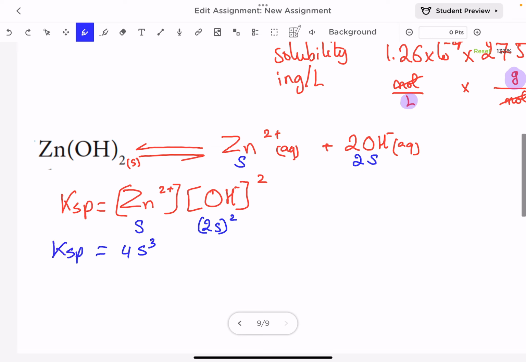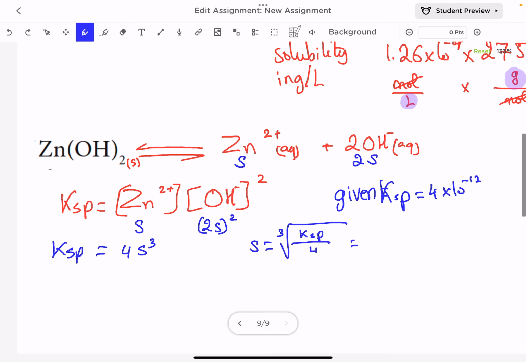Ksp is 4S cubed. Now, of course, in this question, they will give you the Ksp of zinc hydroxide, which is equal to 4 times 10 to the power negative 12. So if I want to calculate S, I will take the cubic root of this Ksp divided by 4, which is the cubic root of 4 times 10 to the power negative 12 divided by 4.